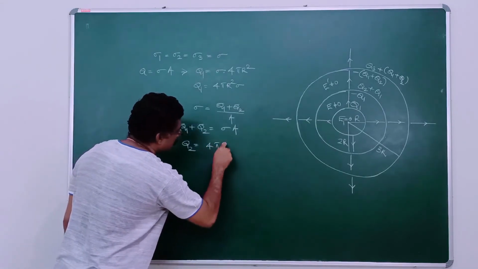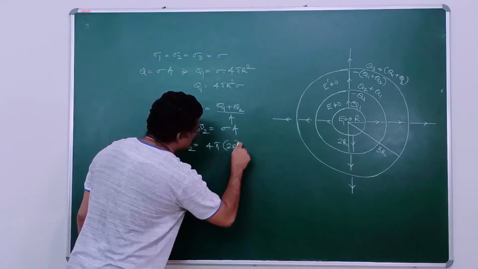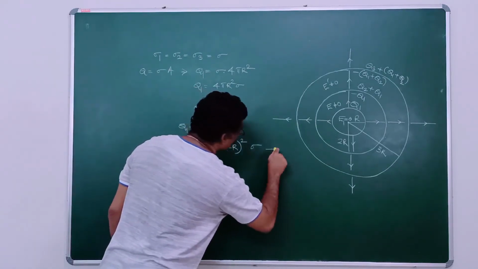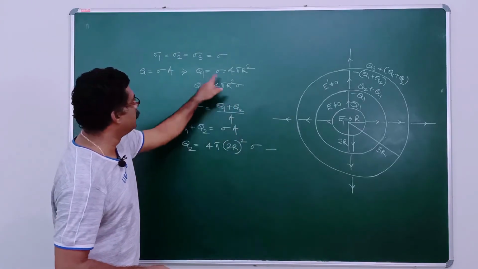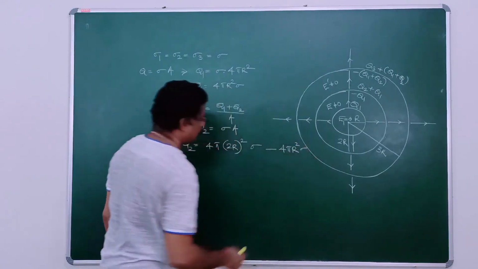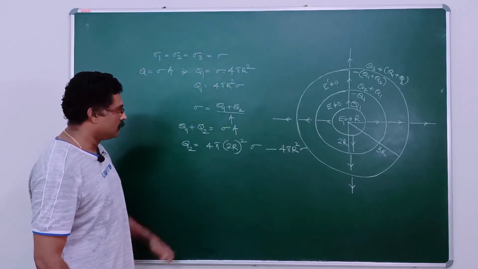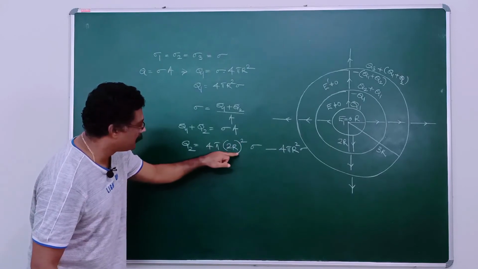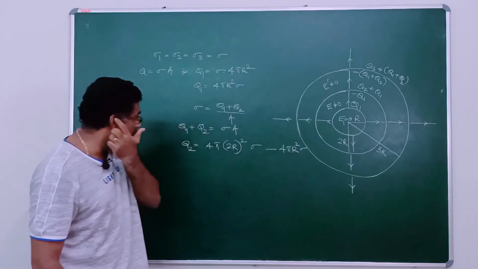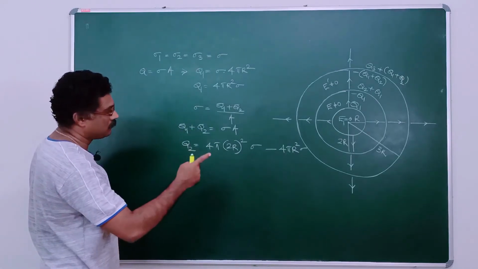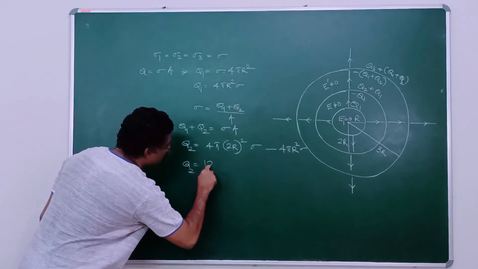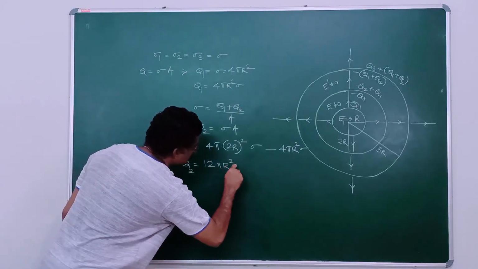So Q2 is 4 pi into 2R whole square into sigma minus Q1. What is Q1 here? 4 pi R square sigma. So this is 16 pi R square sigma minus 4 pi R square sigma. 16 minus 4 is 12. So Q2 is 12 pi R square sigma.